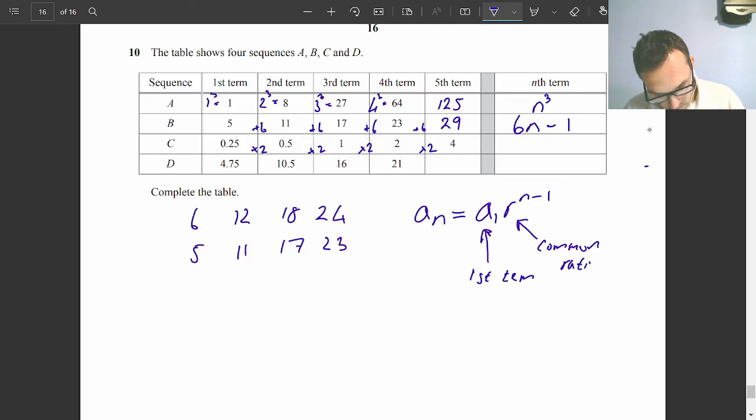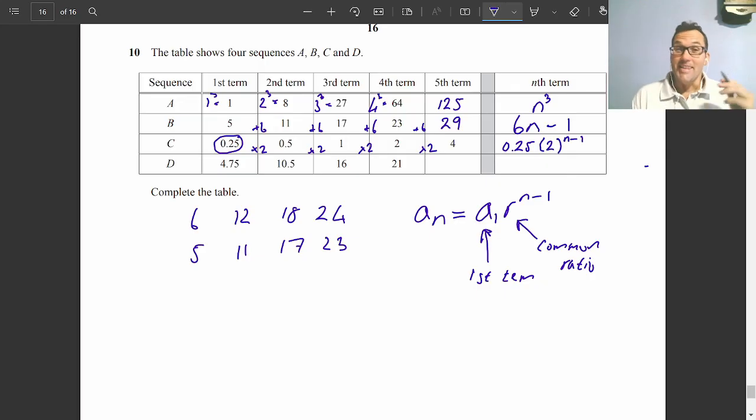So what does that mean? Easy here. Our first term is 0.25. Common ratio is what does it get multiplied by from term to term? That is 2, so the common ratio is 2, and that's to the power of n minus 1, and that is correct. That will get you your mark.